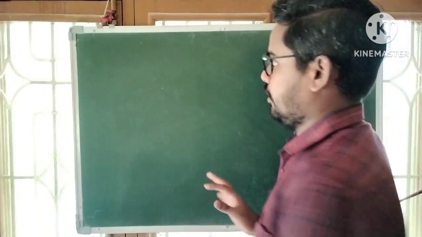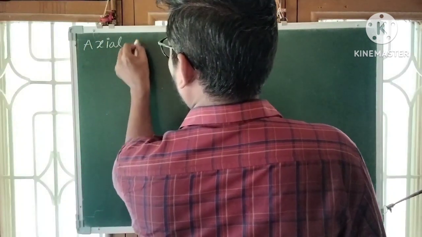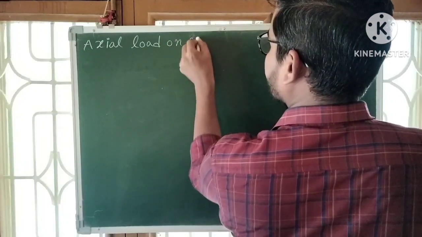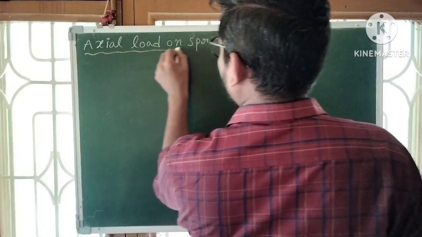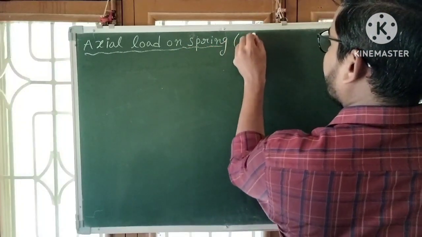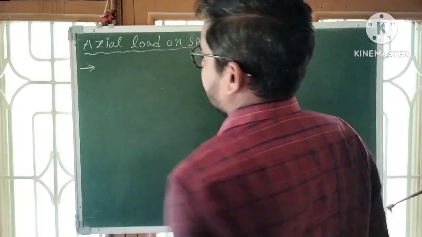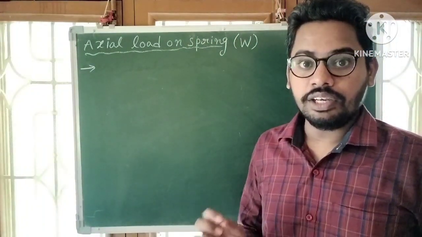Axial load on closed coil helical spring, denoted by capital W. Given maximum shear stress induced in the wire.